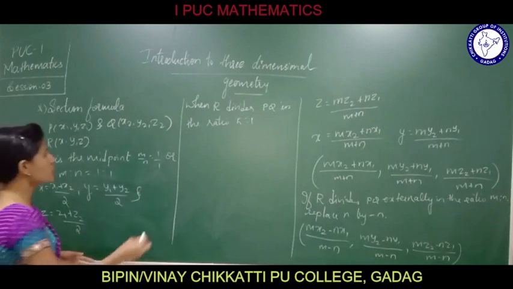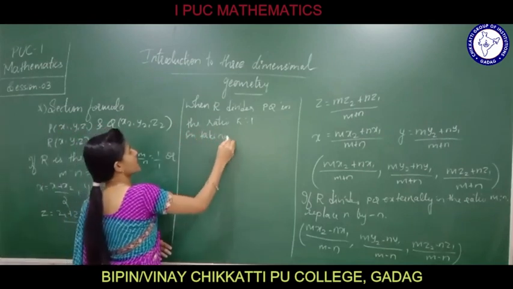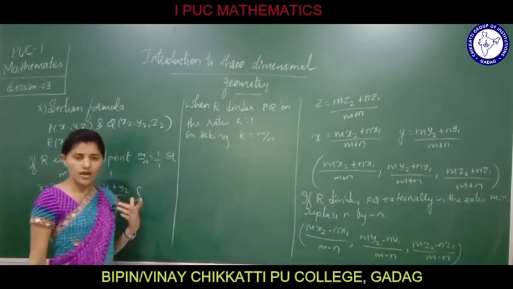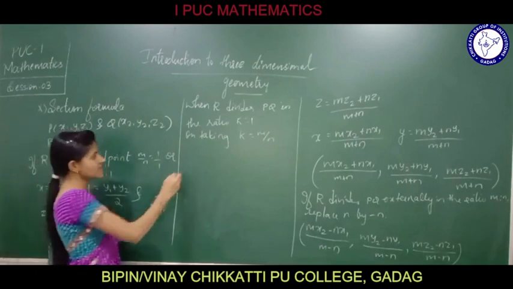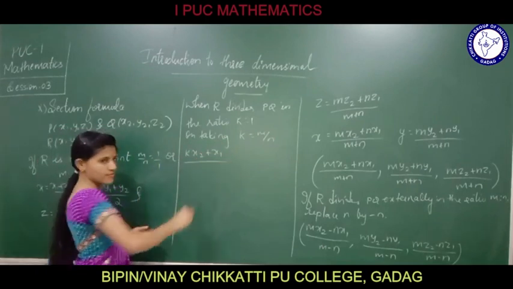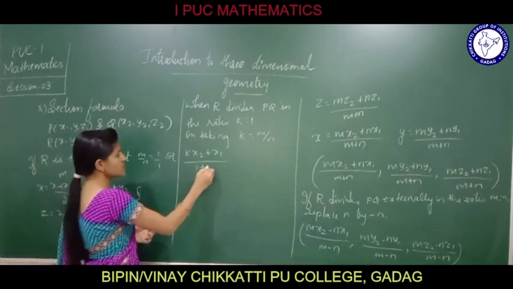On taking k is equal to m by n, we are going to get the coordinates as k into x2 plus x1, divided by 1 plus k.